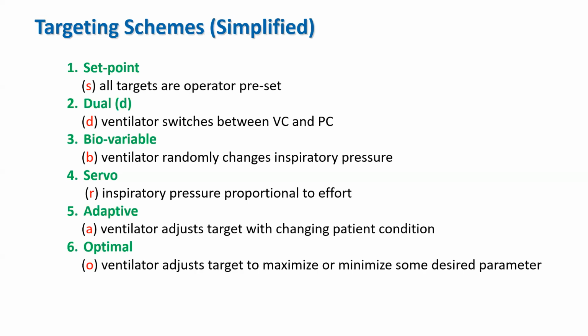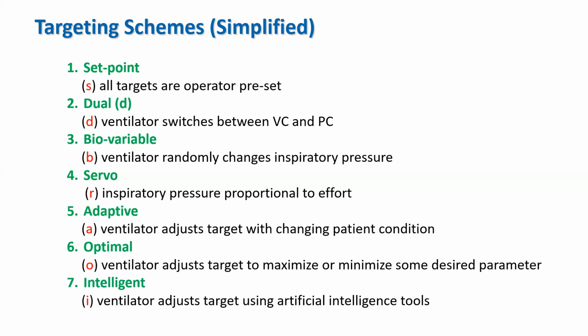Optimal means that the ventilator adjusts the target values to minimize the transfer of power from the ventilator to the lungs to minimize the risk of ventilator-induced lung injury. And then finally, intelligent targeting uses the tools of artificial intelligence to automatically manage targets, like rule-based expert systems and mathematical models and more artificial neural networks.